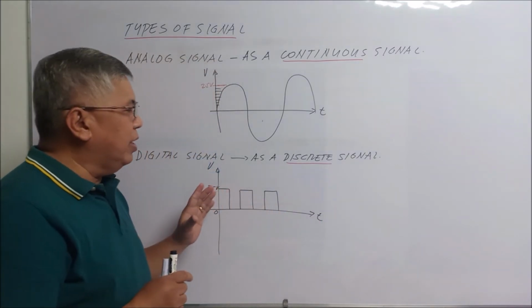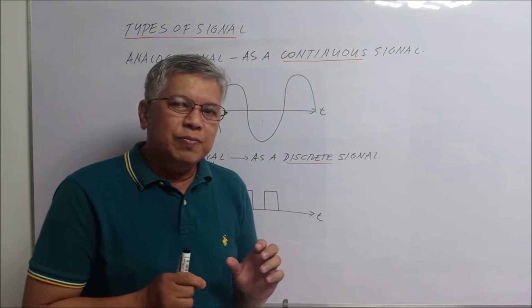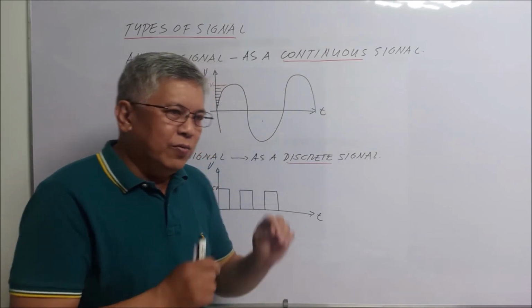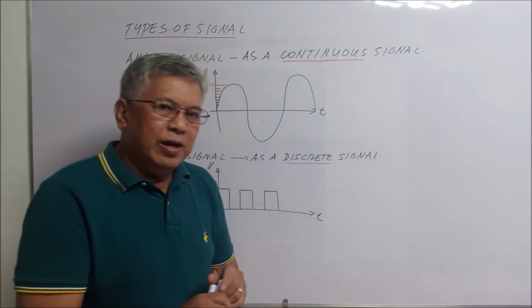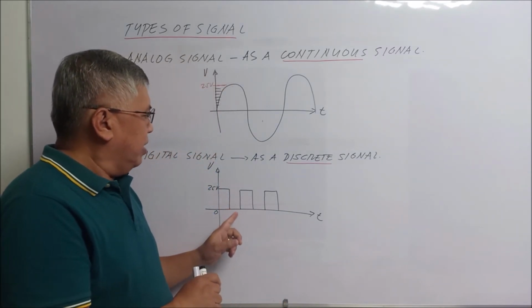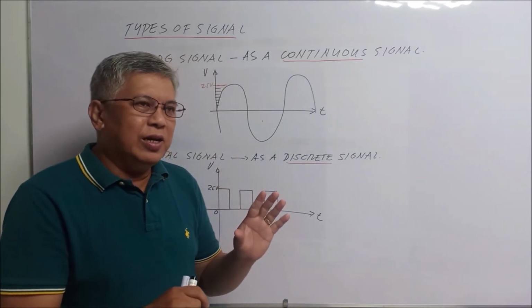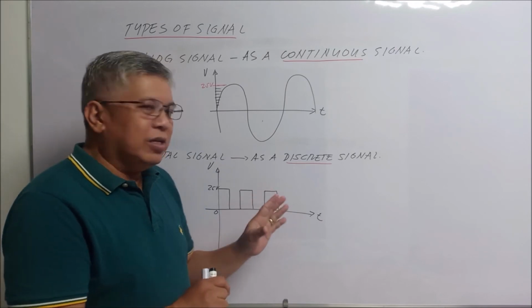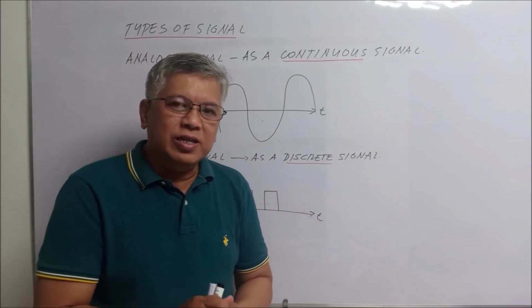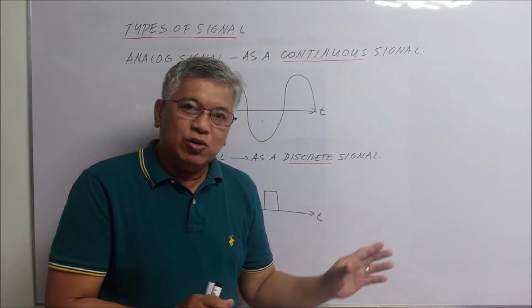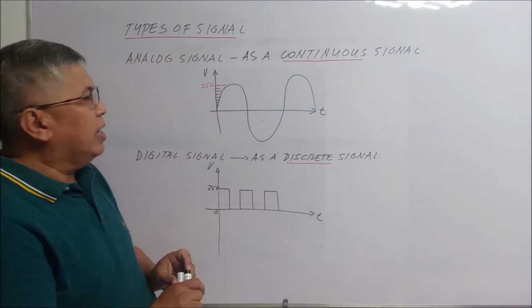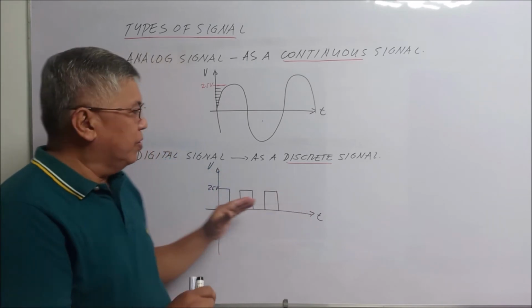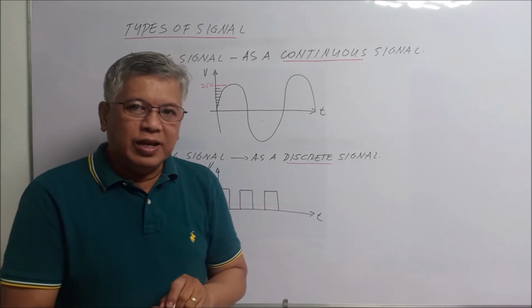Whereas if you use a digital multi-tester, when you measure a particular voltage or signal, the digital multi-tester will automatically provide you with the exact measurement. So that's the difference between an analog signal and your digital signal.